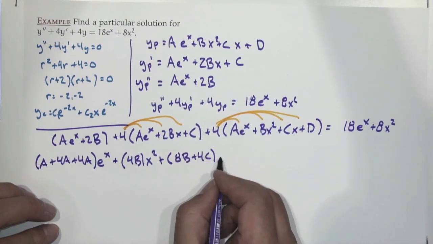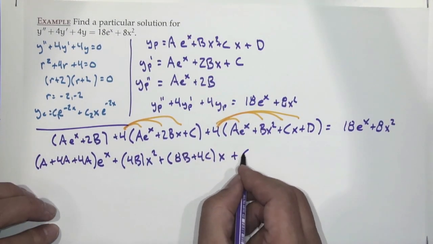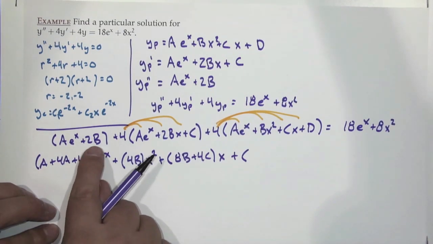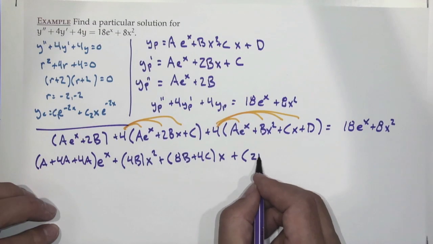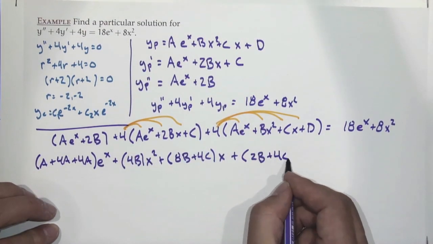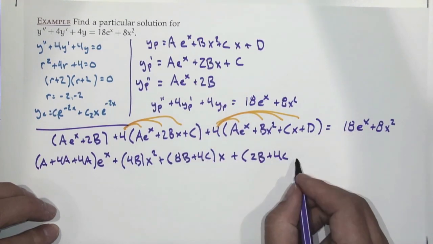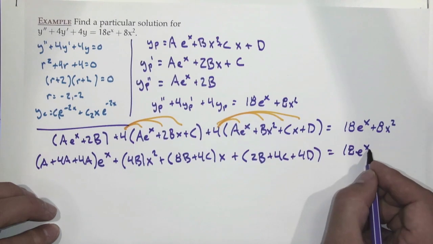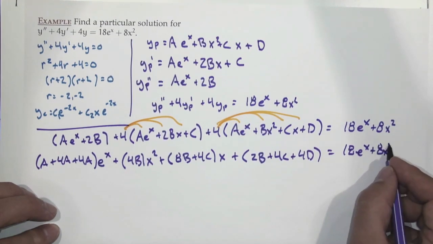Do we have any constant terms? 2b, 4c, 4d. All of this equals 18e to the x plus 8x squared.